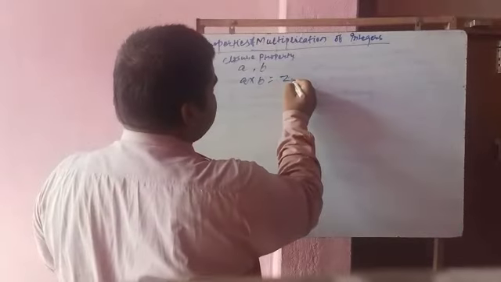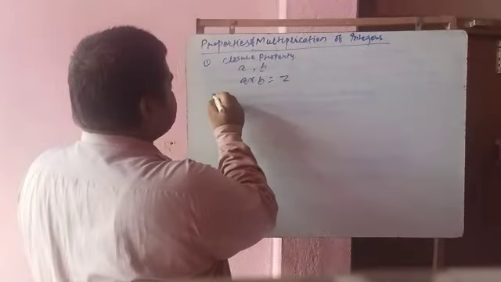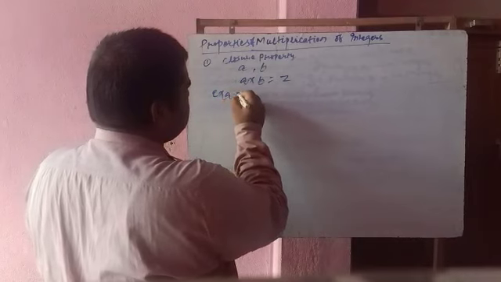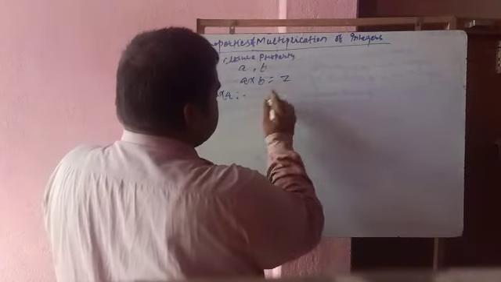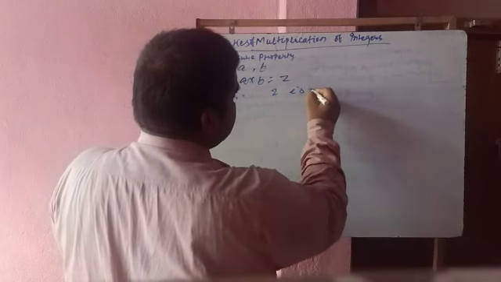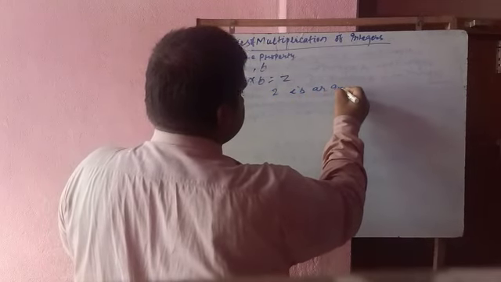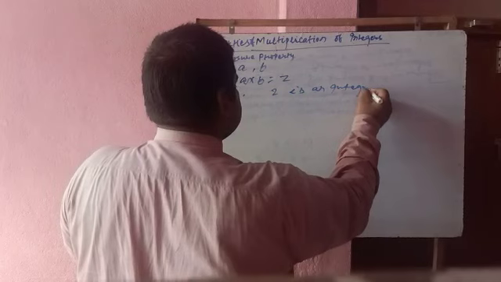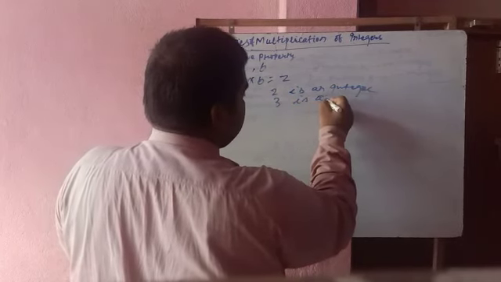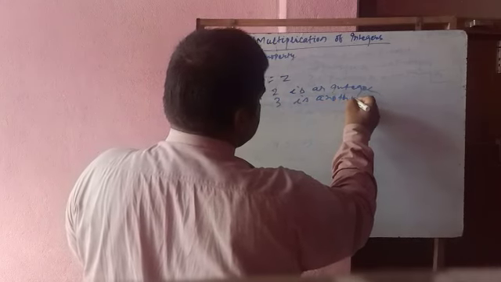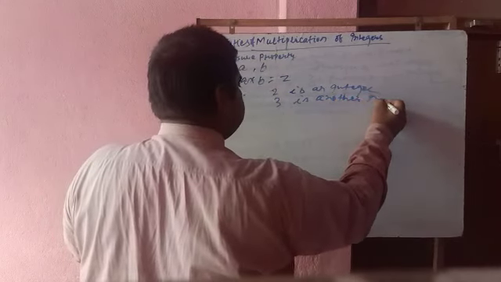For example, 2 is an integer and 3 is another integer.